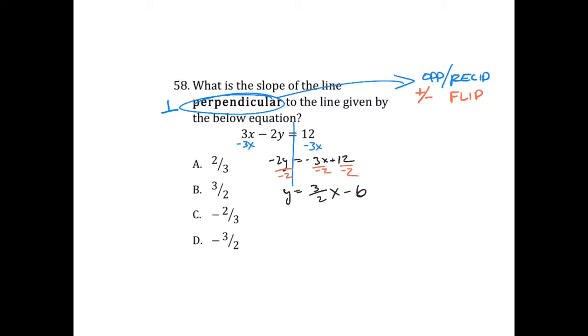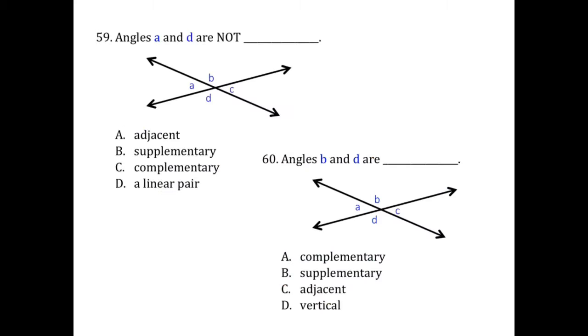So if our slope was 3 halves, it's going to become negative because it was positive, and instead of 3 halves, it's going to become 2/3. That would be the slope of a line that is perpendicular to this one. So negative 2/3 is the slope for me.